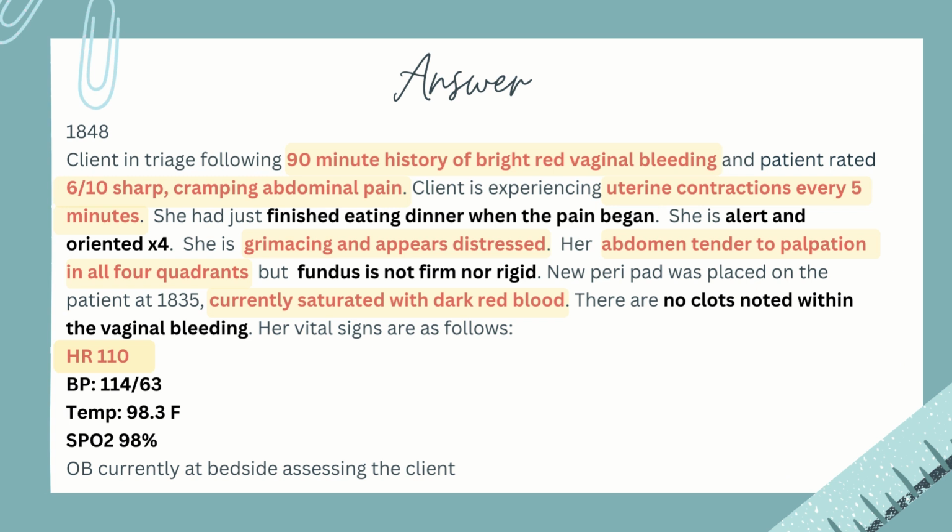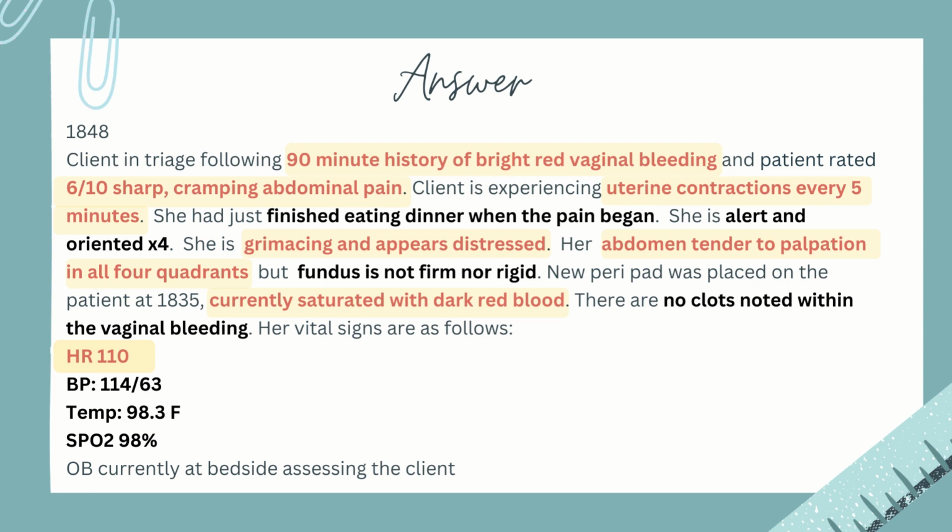Now, if she had an altered level of consciousness, that could point to some excessive bleeding leading to poor perfusion. But we are not at that point yet, thankfully, so we're going to leave that choice out. Now, client is being assessed, tender abdomen to touch and grimacing and appears distressed. Do you think those happen with an abruption? Definitely. Okay, next one is interesting.